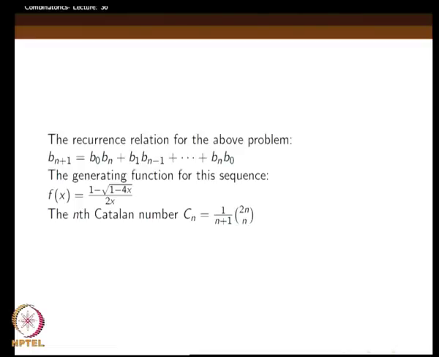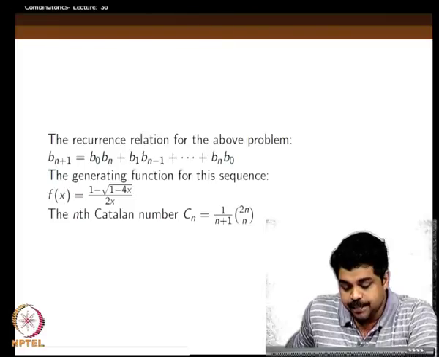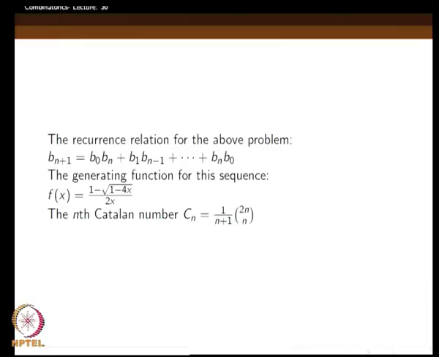And that is the generating function. Now, we evaluated the coefficient of x raised to n. It happens to be 1 by n plus 1 into 2n choose n. This is the nth Catalan number.